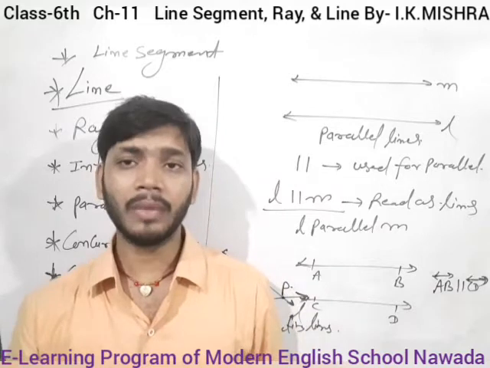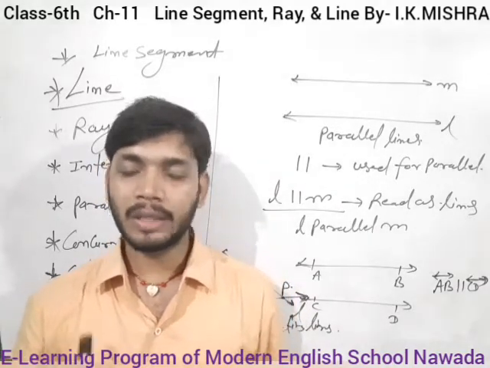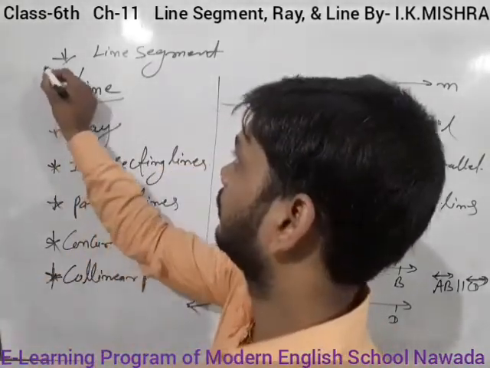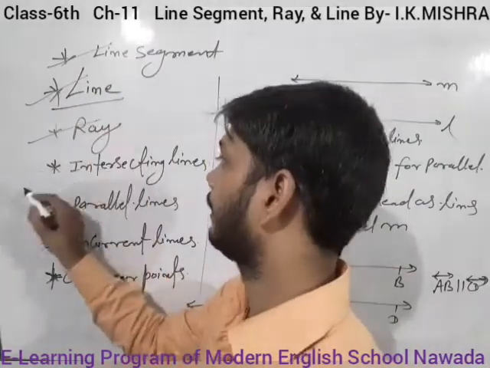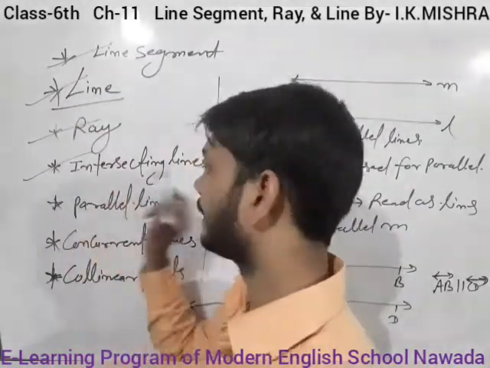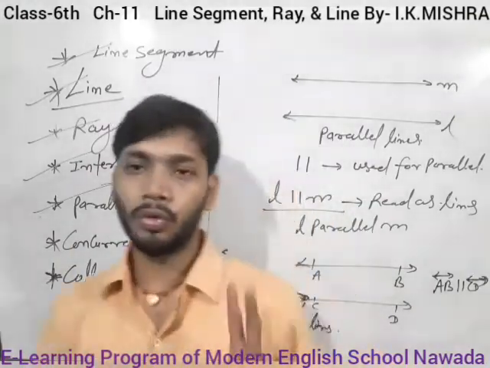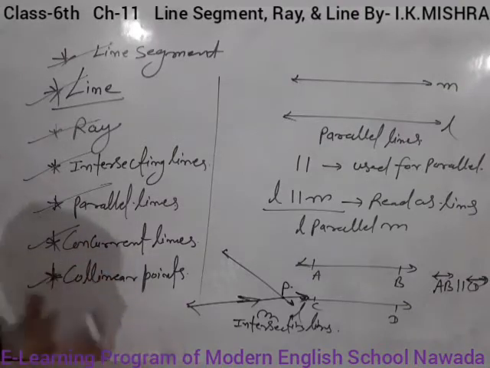Students, now proceed to the next term. Till now I discussed line segment, line, ray, intersecting point, intersecting lines, and parallel lines. Now we have to know two terms, mainly concurrent lines and collinear points.